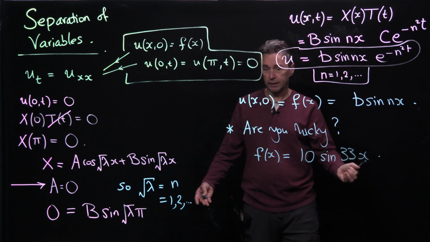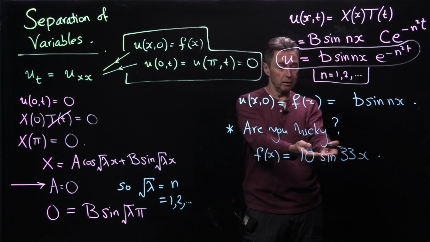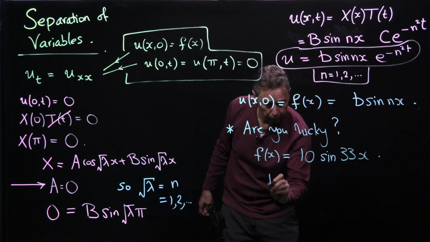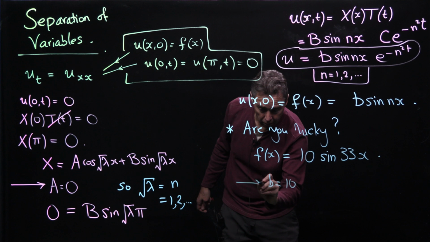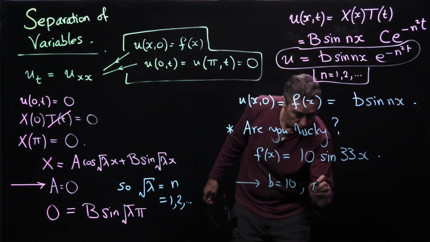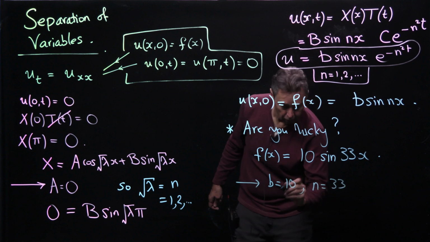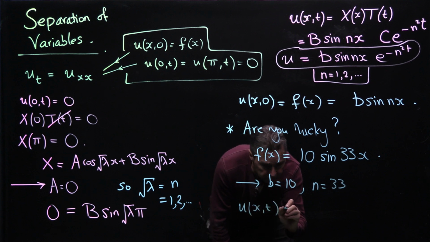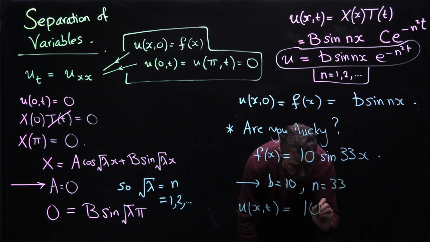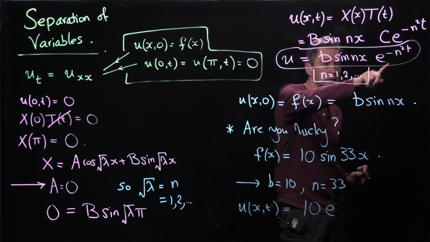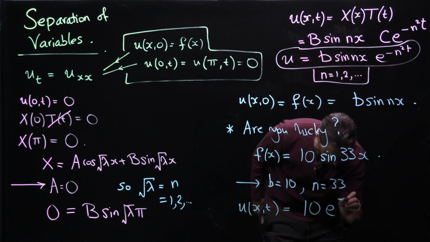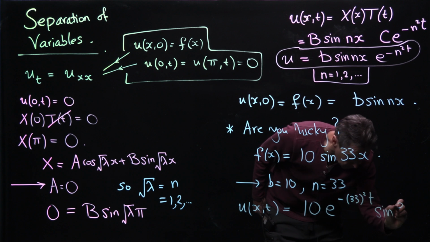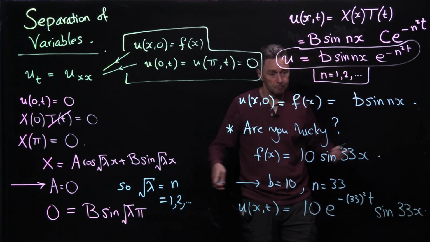If we're in this incredibly lucky situation that f happens to be one of the sine functions, I can just compare them and conclude that b needs to be 10 and n is 33. At which point I record the fact that u of x and t is equal to 10, that's the value of b, e to the minus n squared, that's minus whatever 33 squared is, times t, times sine 33x. That's the answer.